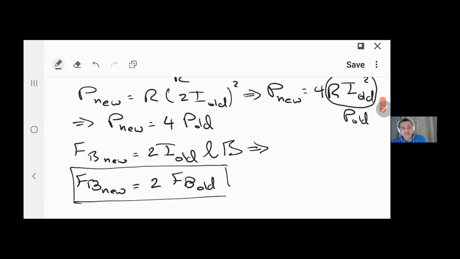So in this case, we notice that the force will be doubled because it's linear. The relationship between the force, current, and velocity are all linear. However, the power will be 4 times because it will be 2 times squared.